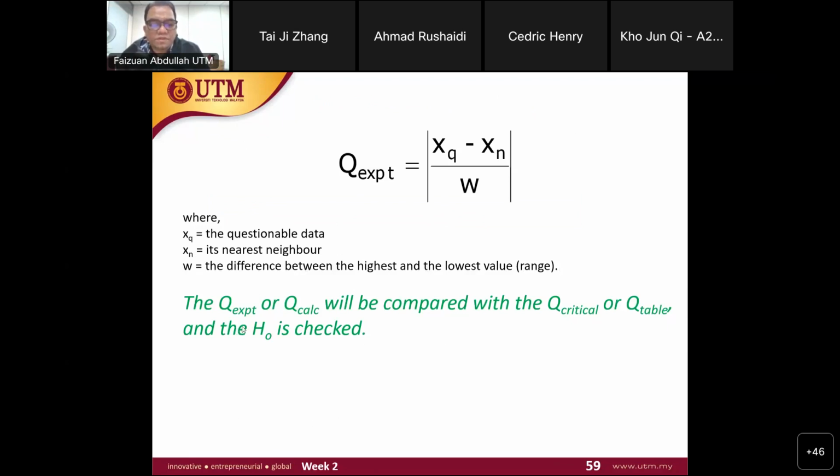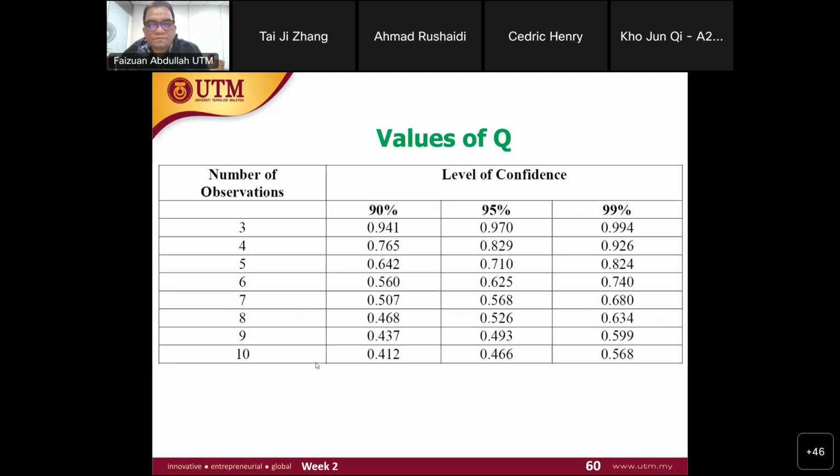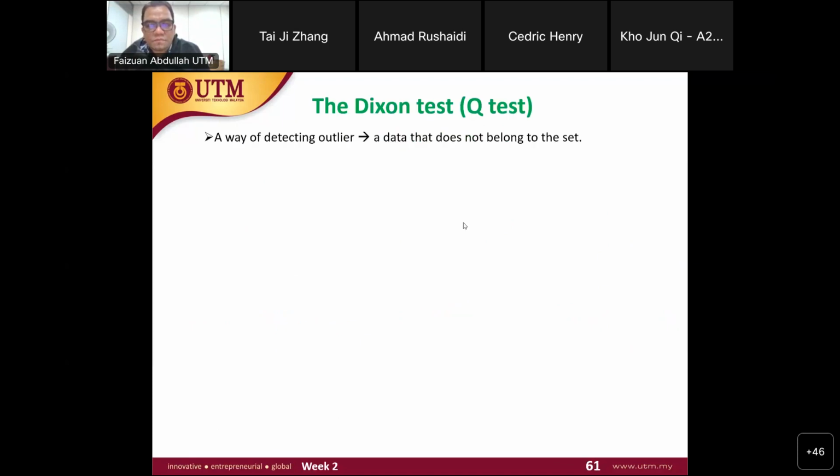The Q experiment, or Q calculated, will be compared with the Q critical, or Q table, to check the null hypothesis. This is the Q table, right?